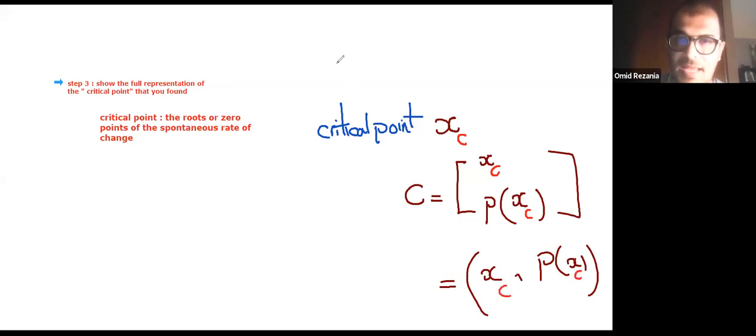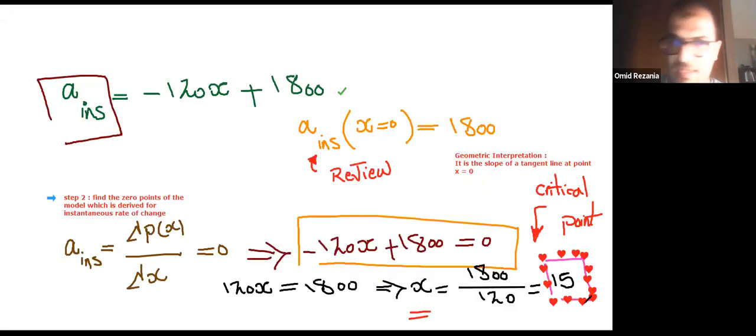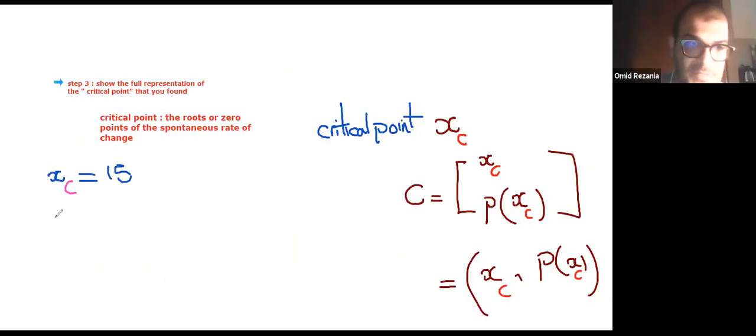Now go back to what we did. What are our critical points from the example, guys? xc was how much? 15, right? That's what we got from here, 15. The full representation, what was p of x?